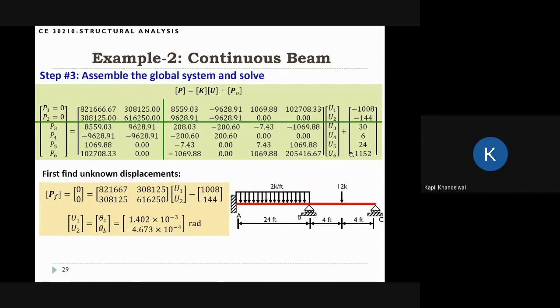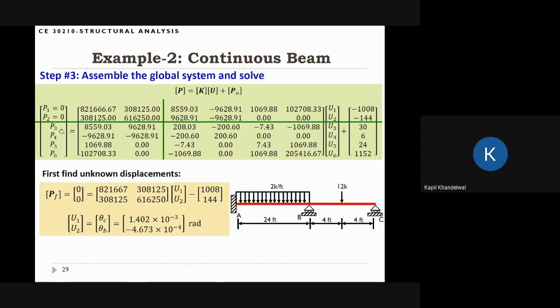It comes from both member AB and BC. And this is the global stiffness matrix. As you recall, there are only 2 free degrees of freedom, U1 and U2. So I have partitioned this in this way. You can think that this block is your KFF, this is KFS, this block is KSF, and this is KSS.